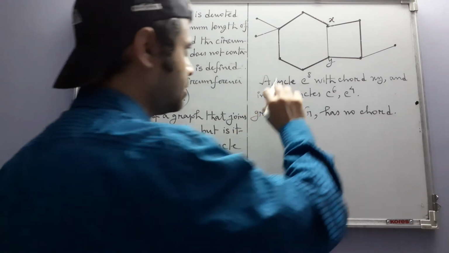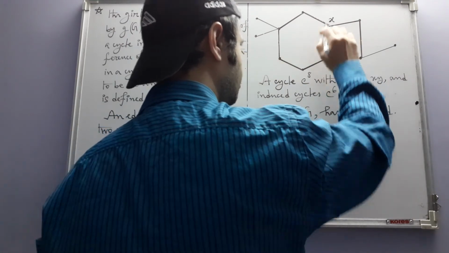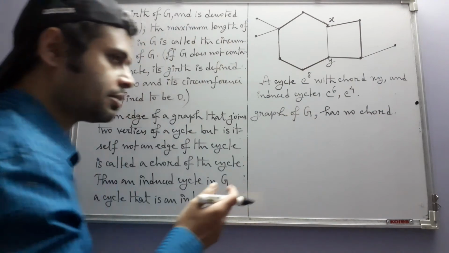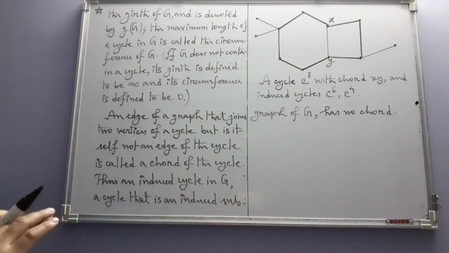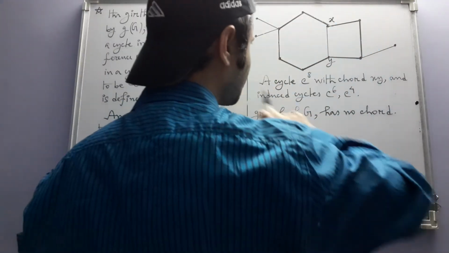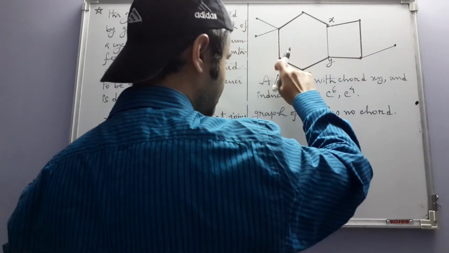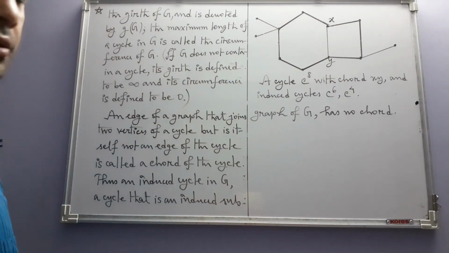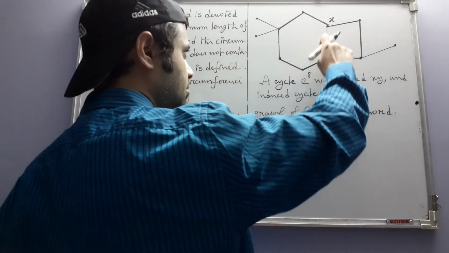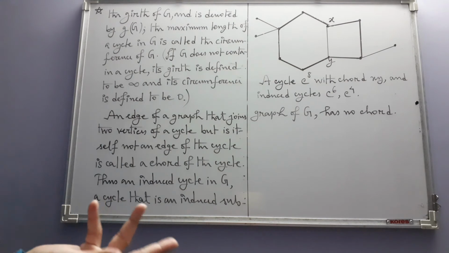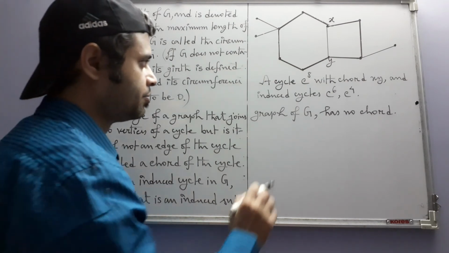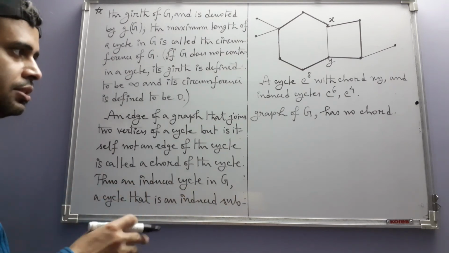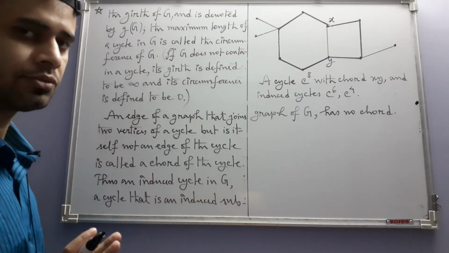In particular, if in the original graph there are two adjacent vertices, then in the induced subgraph, if they are still vertices, there also they need to be adjacent. So in this particular graph, the cycle C8 is not an induced cycle, because otherwise XY would have come, and in that case it would not be a cycle at all. So if we have an induced subgraph which itself is a cycle, then it cannot have a chord.